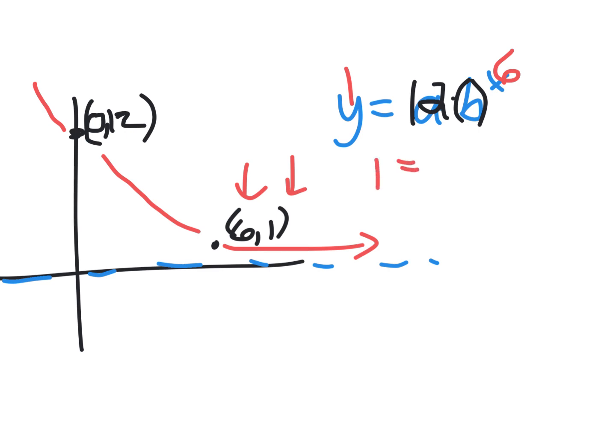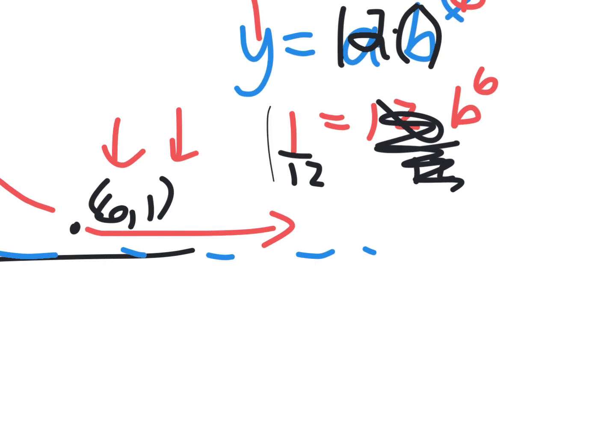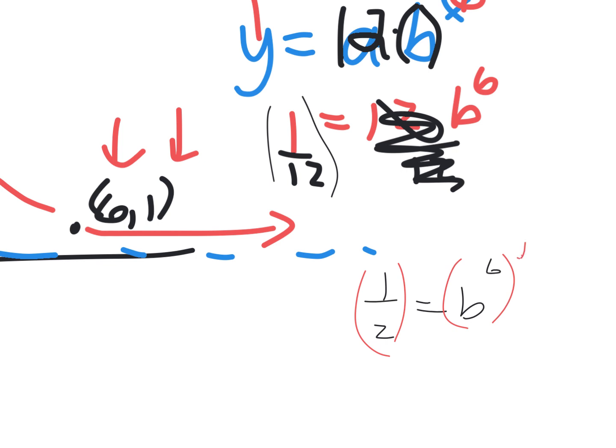Okay, 1 equals 12 times b to the 6th. Now what? Divide by 12. And now what? Yep. So how are you going to solve that? That's where a lot of kids are going to get stuck. Not times it by, but put it to the power of. Correct.